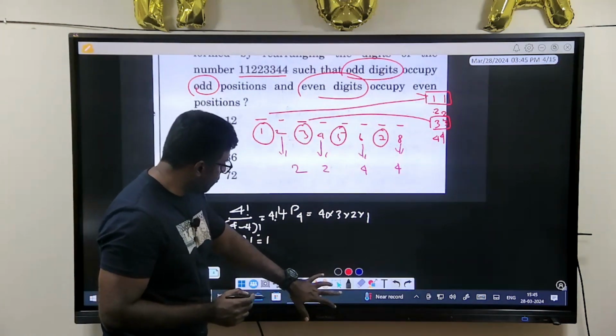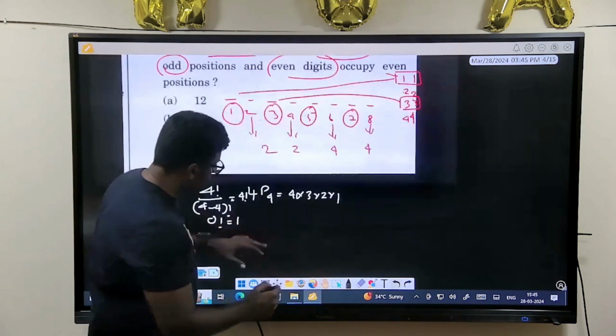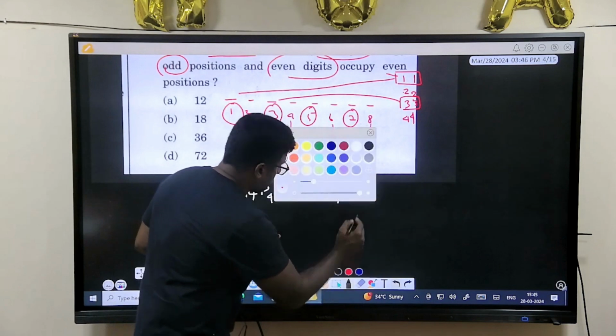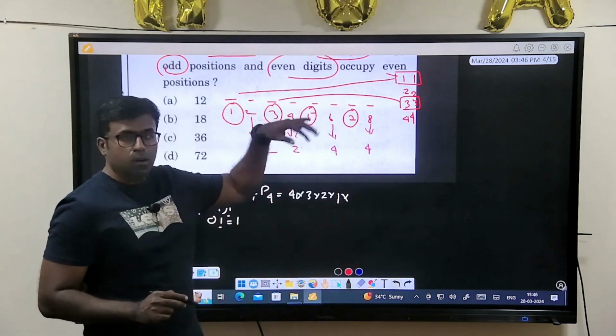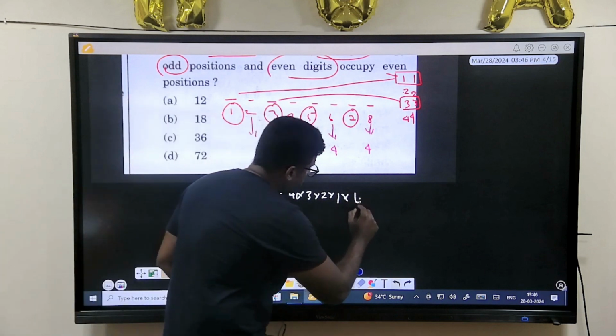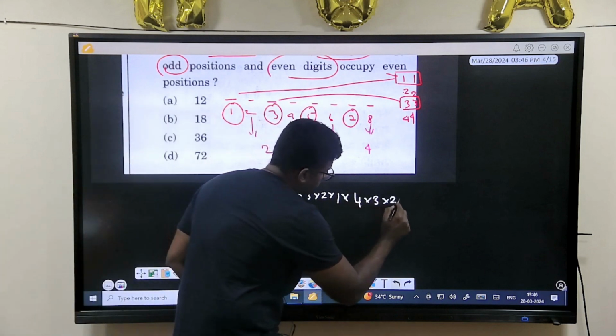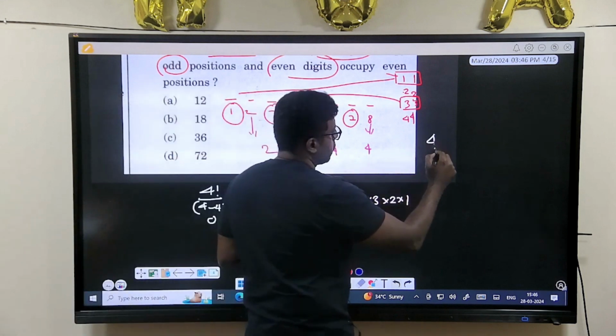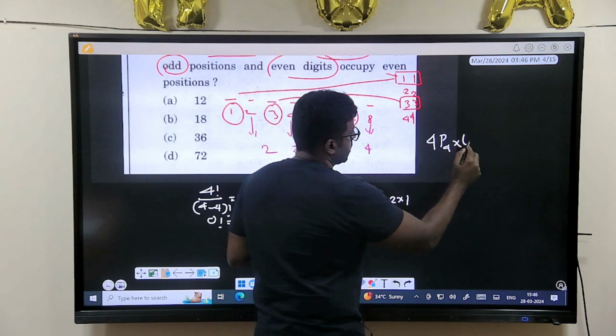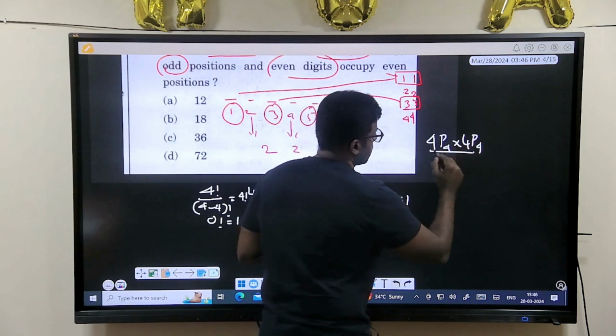This is the arrangement that you make for the odd positions. This is the arrangement you make again, because again 4 gaps are there, again 4P4. So it's basically 4P4 by 4P4.